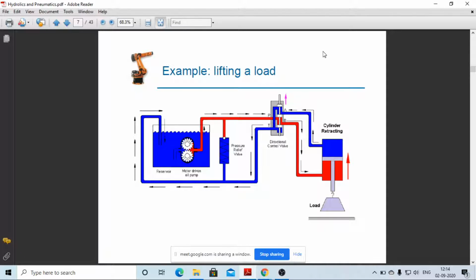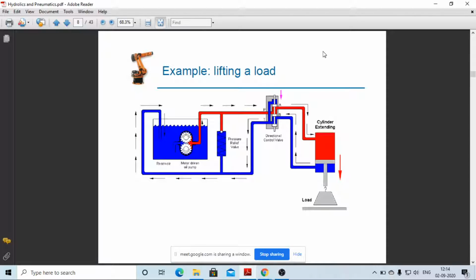You have to explain the two different conditions for the hydraulic system, and then there is a requirement to write some small notes on the various components: what you mean by the reservoir, the pump, which types of sources are required to operate the pump, operation of the pressure relief valve, operation of the directional control valve, and the pressure line and the tank line.